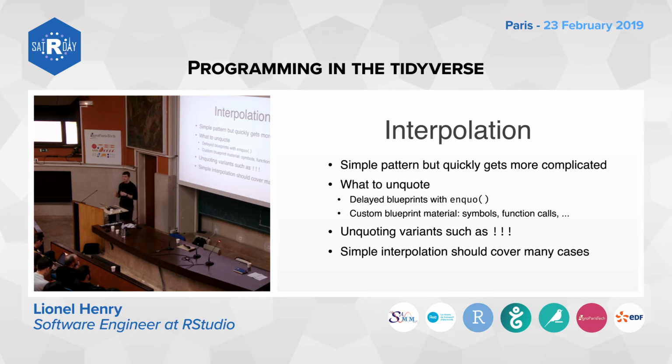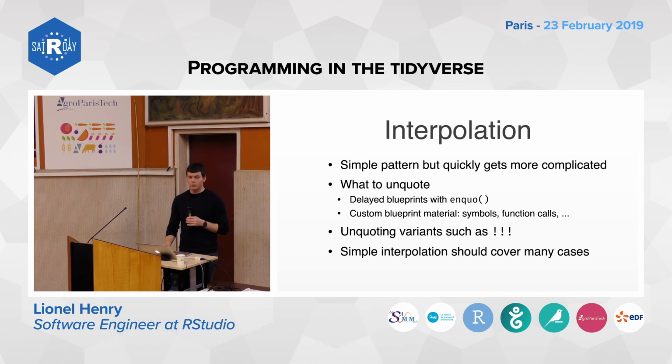When you have multiple blueprints, you will have to use an unquoting variance, the big bang, the triple bang. So all of this is more on the programming side, but simple interpolation should already cover many cases when you want to reuse your Tidyverse code in functions.